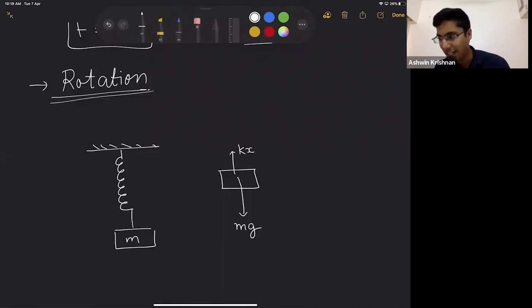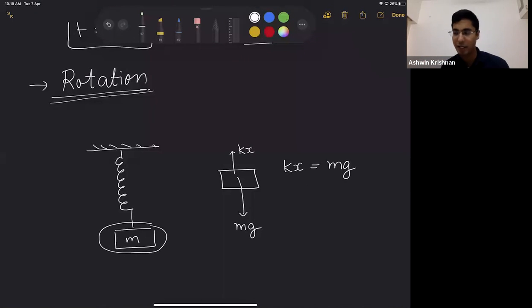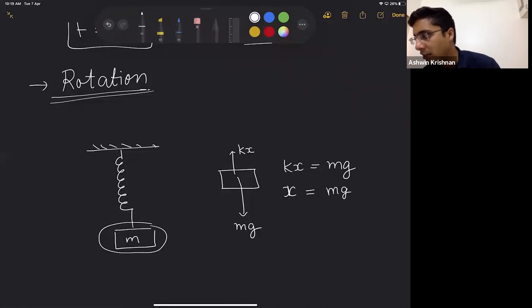But eventually, after extending, the body will be at equilibrium. It will rest. It will not keep on extending. When it's at equilibrium, the net upward force, which is by the spring, has to equal the net downward force, which is due to the mass and the weight. Hence, kx equals mg. So the extension x is mg by k. This is what we call the natural extension.